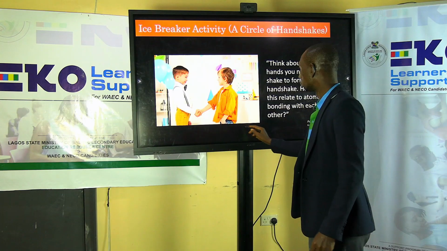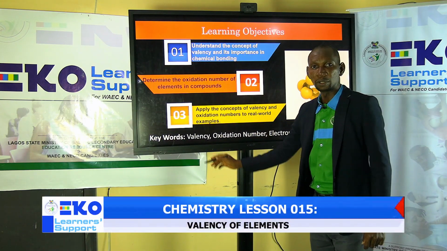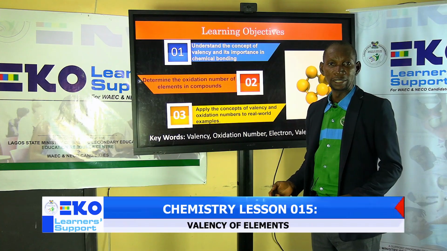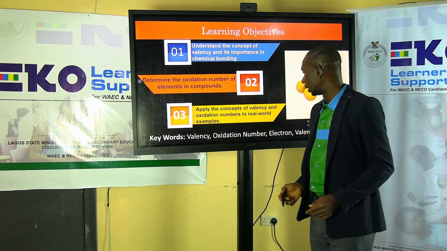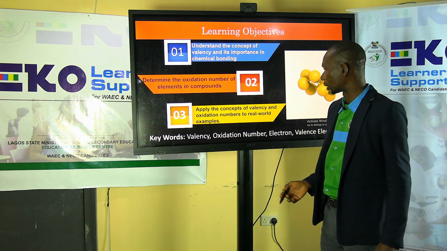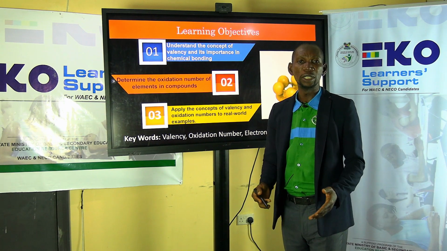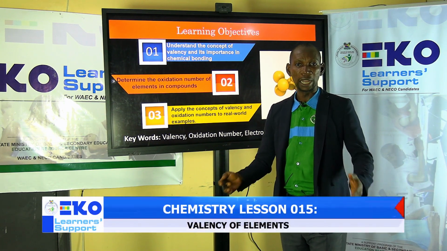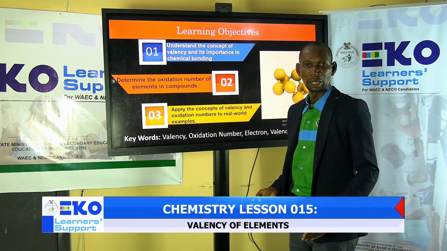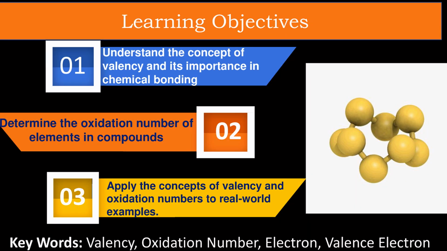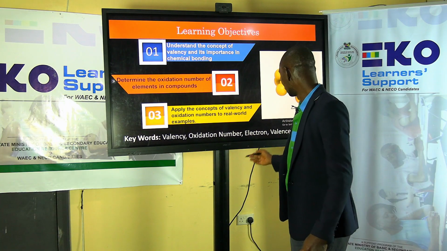Let's get going. But before we go, let's look at some keywords that we would need to understand in learning this very important topic. Number 1 is valency. What is valency? Valency is actually the combining power of an element. We're going to talk more about that as we continue. Oxidation number, it is the charge on an ion.